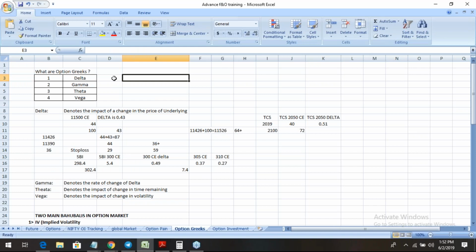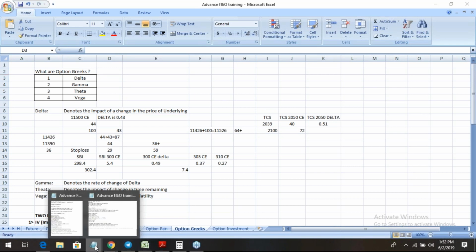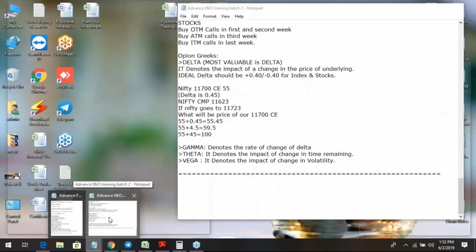But the most important option Greek is delta. Delta is the most important parameter, the most valuable. We will stretch delta mainly.